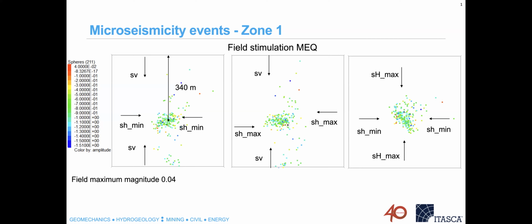The first one is in SHMIN and SV, the second one is in SHMAX and SV, and the third one is in SHMAX and SHMIN. The maximum event magnitude in zone 1 is 0.04.